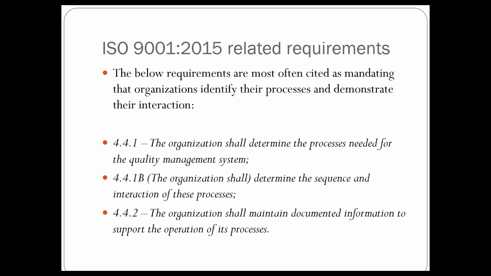Then in 4.4.1 b, it says that you shall determine the sequence and interaction of those processes. And then finally in 4.4.2, it says that you need to maintain documented information to support the operation of its processes. PJR's interpretation of that requirement is that there needs to be some form of documented information that establishes what your processes are and how they interact with each other.